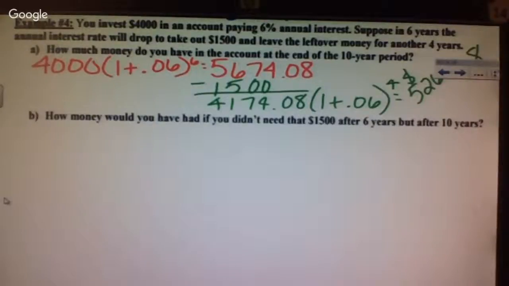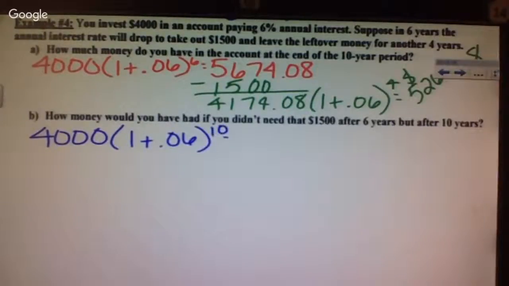So instead of this happening in the middle, it's not going to happen till the end. So you would do 4,000 times parentheses 1 plus 0.06 raised to the 10, and then after you subtract it. So we're going to pretend we didn't pull that money out. They didn't yank that 1,500 out in the middle of it. You let it ride for 10 years and then they took it out.